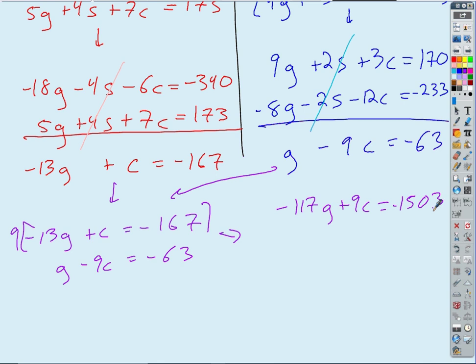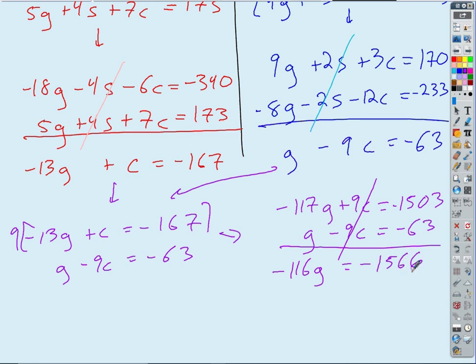There we go, okay. And then on the bottom, we get our G minus 9C equals negative 63. So if we add those up, C's go away, we're going to get some big coefficients. So I get negative 116G equals negative 1566.